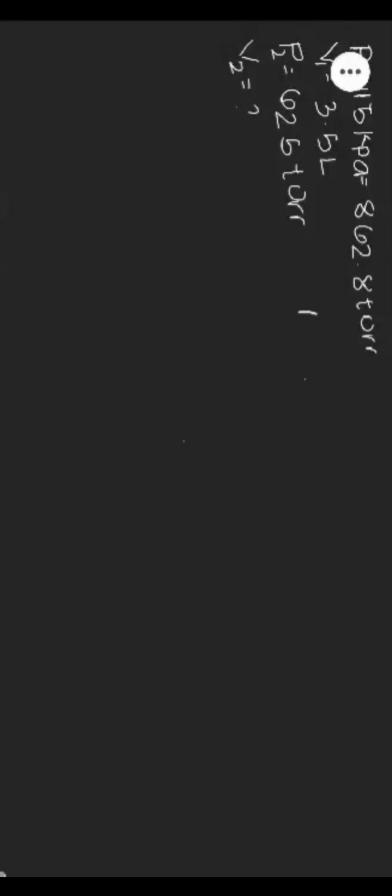So at this point, we can now use the formula. P sub 1 times V sub 1 is equal to P sub 2 times V sub 2.